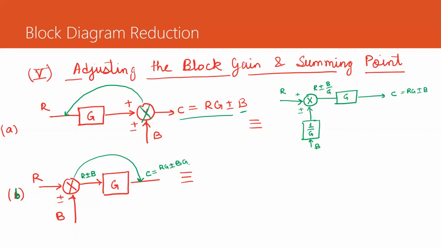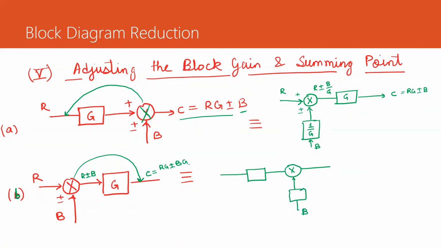Since I am moving over here, what I have to do is multiply by one gain block. Now you can easily understand how we can add the gain blocks.